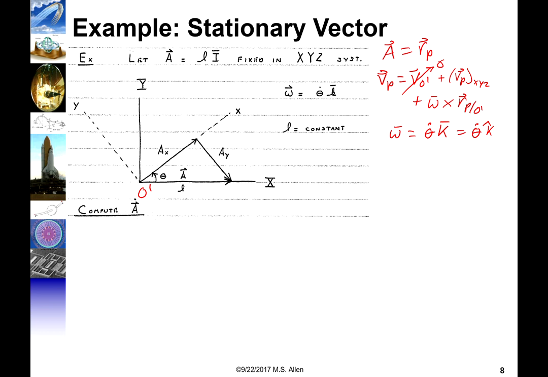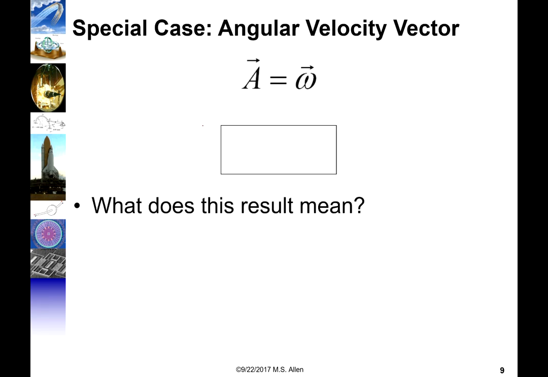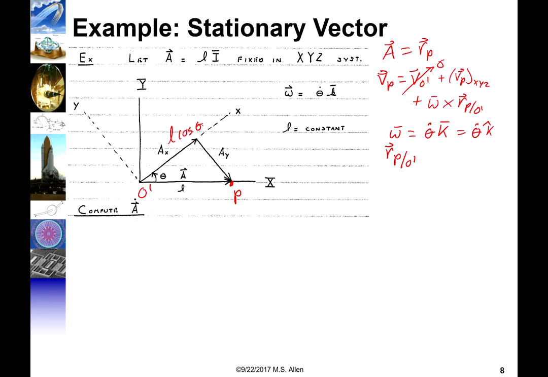And our position vector we need in the moving reference frame. So in the moving reference frame, to get to this point P over here, we need to go this way. This would be an L cosine theta along the x-axis. Then we also need to move an L sine theta.